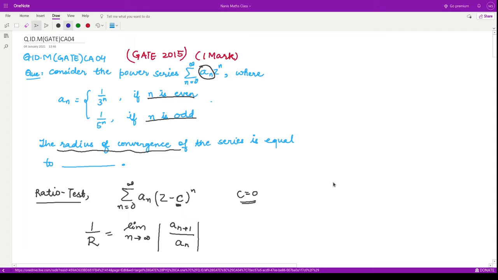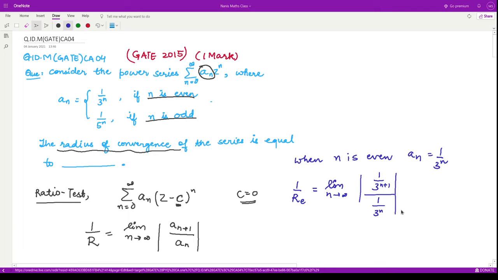For the first case, when n is even, our a_n is 1/3^n. According to the formula, let us call it r_e. So 1/r_e turns out to be the limit n goes to infinity of modulus of (1/3^(n+1)) divided by (1/3^n).